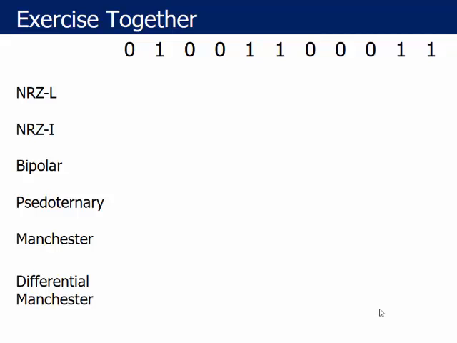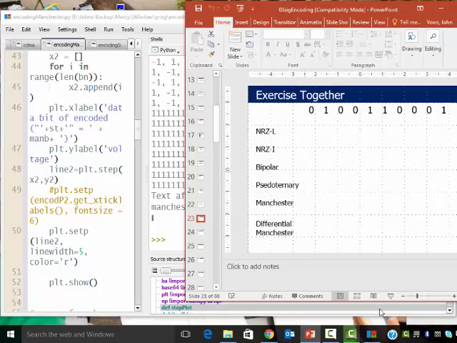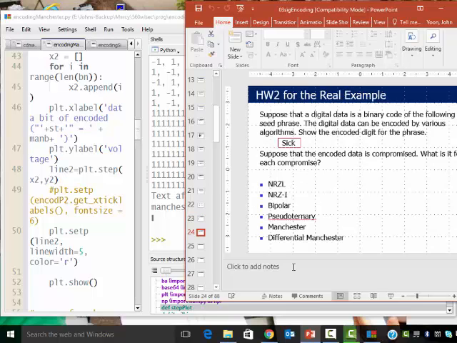So this is an exercise that I want you to do. Let me see if I have an answer somewhere. I do not have an answer. This is a homework assignment that I already posted.